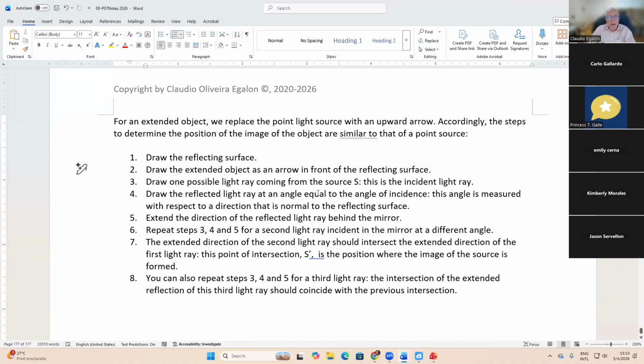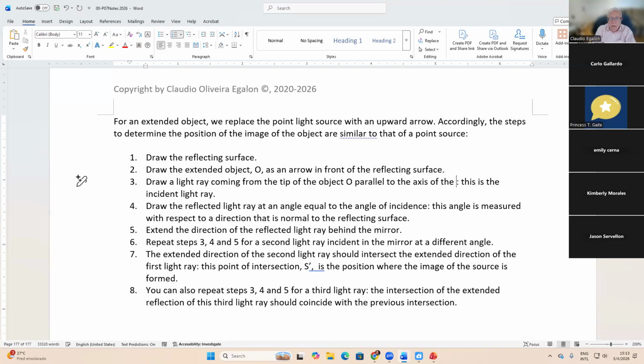Draw one possible light ray coming from the tip of the object O. Draw a light ray coming from the tip of the object O, parallel to the axis of the mirror. This is the incident light ray.